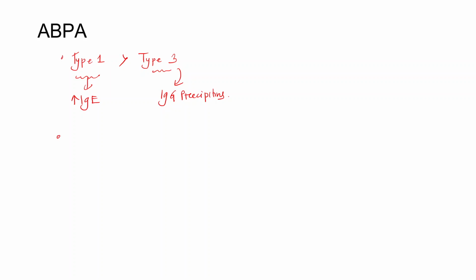ABPA develops in patients who have pre-existing cystic fibrosis or bronchial asthma. If patients with bronchial asthma have recurrent attacks, or if the asthma is steroid dependent, then you will suspect allergic bronchopulmonary aspergillosis.